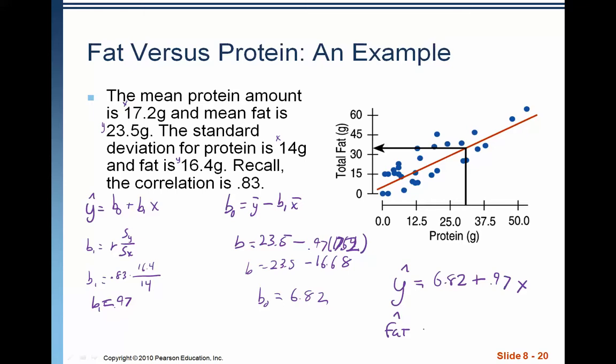So we can say fat hat equals 6.82 plus 0.97 times protein, right? Instead of writing the variables, we can just write out what those things are supposed to be. All right, so we can use our formulas to find the slope-intercept form equation, okay?